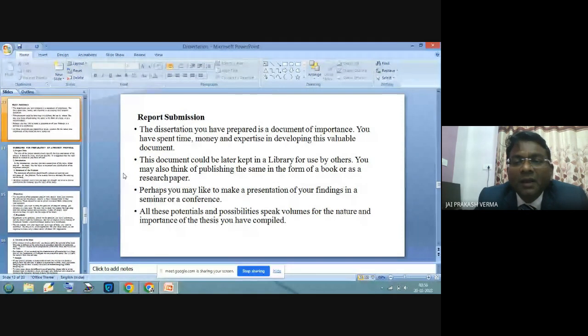So you have spent time, money, expertise in developing this valuable document. So it's an asset. It's your asset, and you can publish your dissertation in future for your academic work. This document could be later kept in library for the use of others. You may also think of publishing the same in the form of book. Basically, if you work well, then you have a publication. It must be a good publication in the form of book as a research paper.